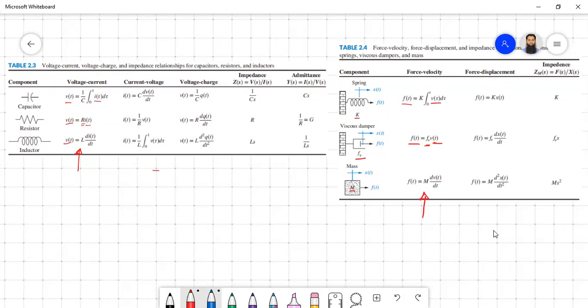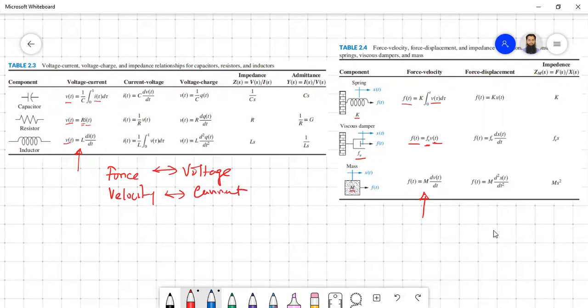So what analogy can we conclude here? We can say that force can be made analogous to voltage in the electrical domain, the reason or the source. Similarly, the velocity can be compared with our current.